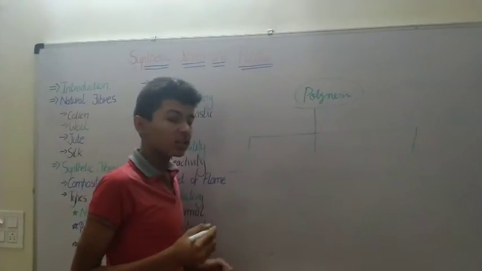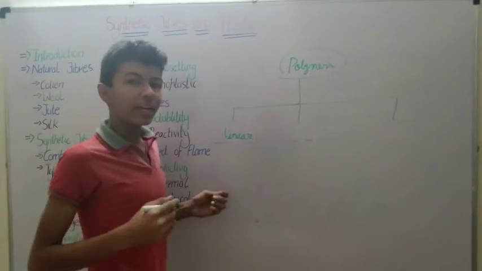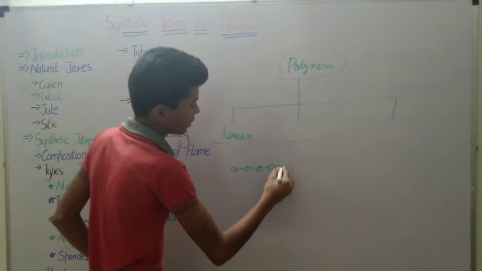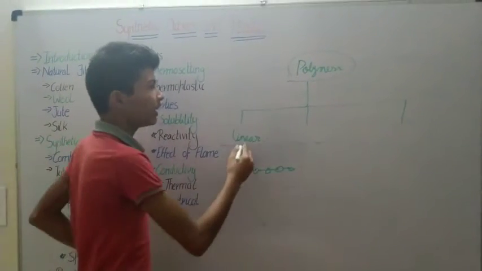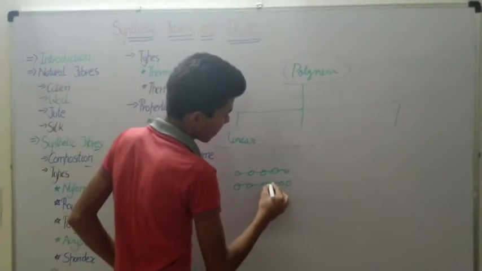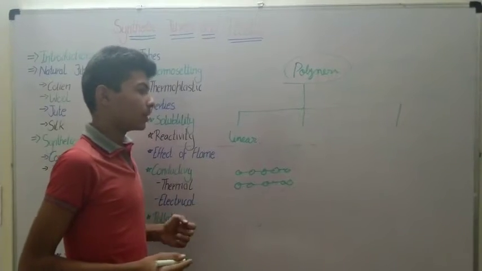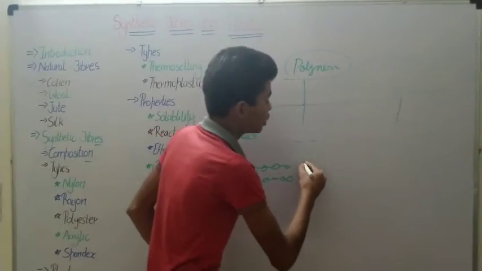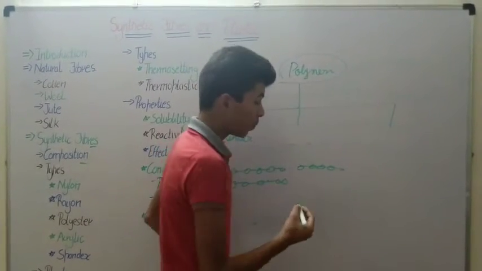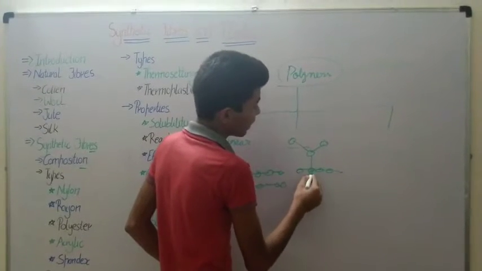The first pattern is called a linear pattern. In it, the polymer is connected with chain reactions to form linear polymers, and it has many types of chains. The other type is branched polymers, in which polymers are attached to other polymers and form intricate patterns.